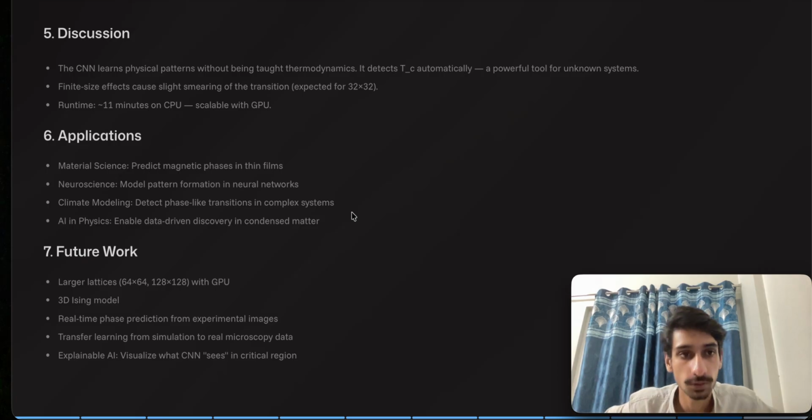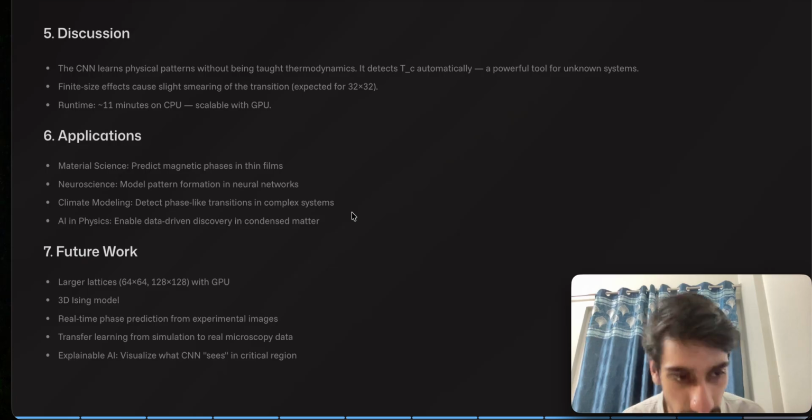The discussion about this project was that the CNN was trained fast, stayed honest, which is 97.8%, and which is very reliable.